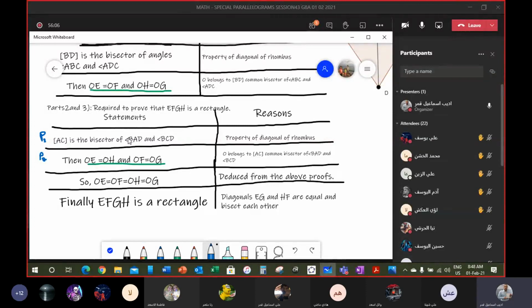Finally EFGH is a rectangle and diagonals EG and HF are equal and bisect each other.